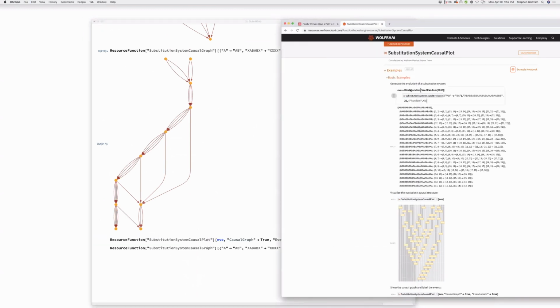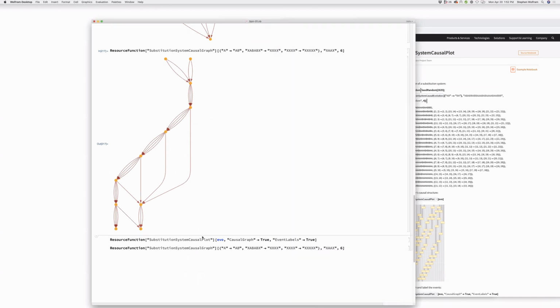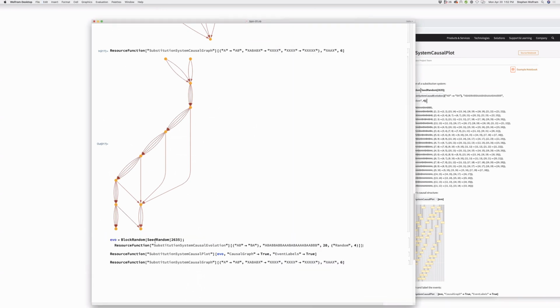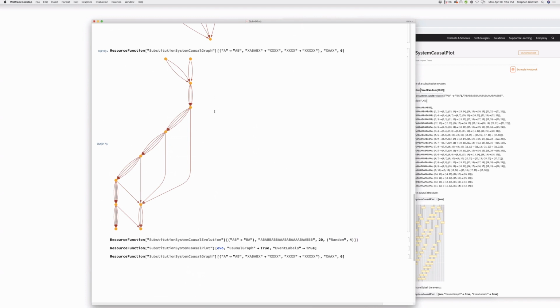So let's get the evolution. We certainly don't need the block random thing there because that was substitution system causal evolution. This, 6. Okay, let's try this.